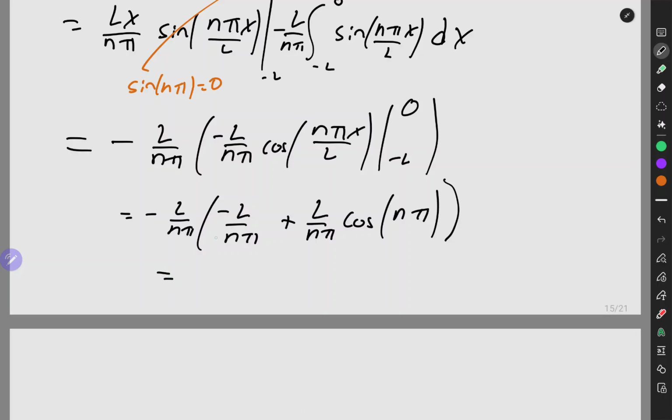This becomes, I'm going to pull out an L over n pi, and I'm going to distribute in the negative. So I'm doing two things in one step here, and I'm also plugging this in here.